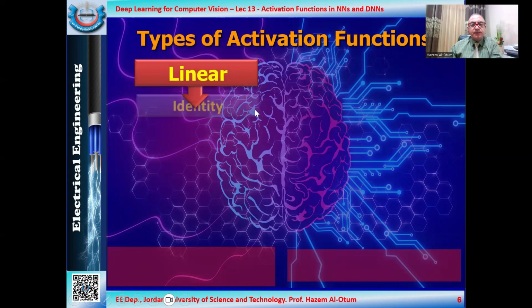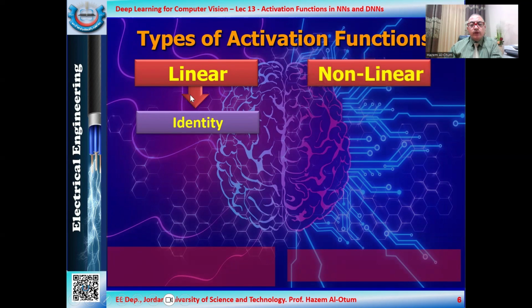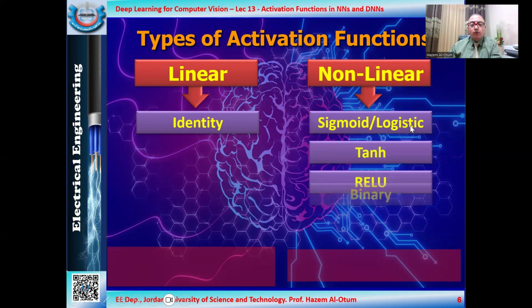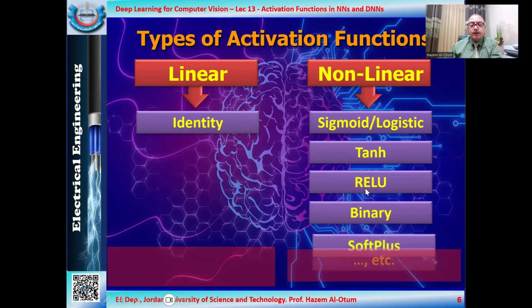More precisely, we may take the first type, which is very simple. We call it the identity activation function. For the nonlinear, we have a long list of such functions like sigmoid or logistic, tanh, ReLU, binary, softplus, softmax, and others.